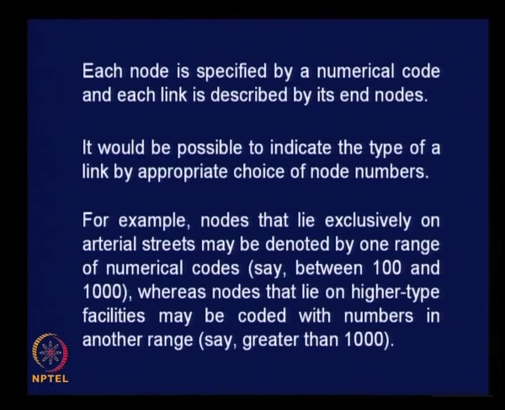Whereas nodes that lie on higher type of facilities, say expressway, may be coded with numbers in another range, say greater than 1000. So whenever your node number is more than 1000, you can have a feel of that node, and you can understand that this node pertains to expressway, not an arterial.